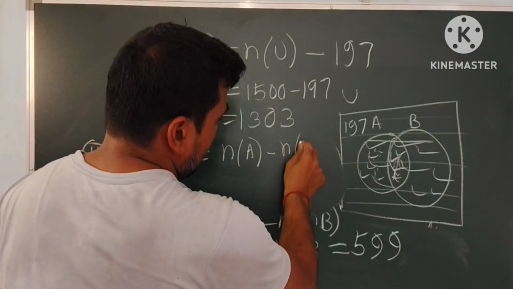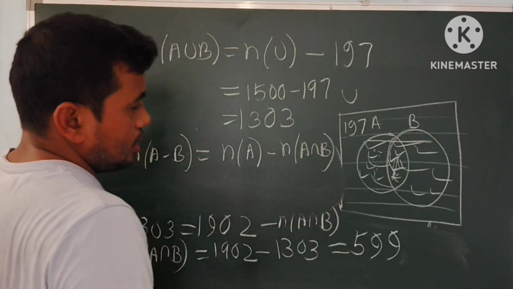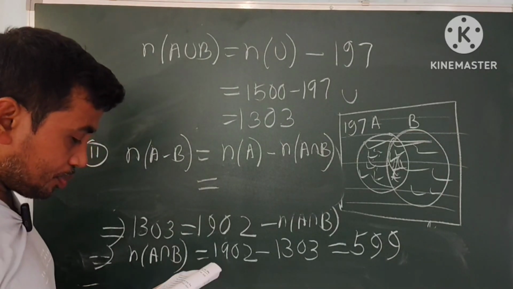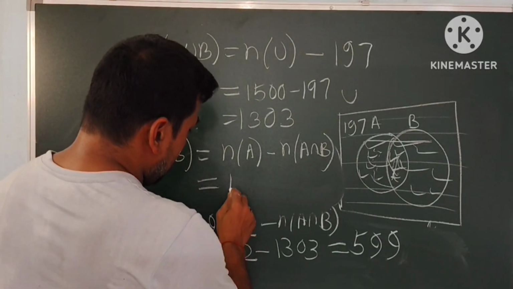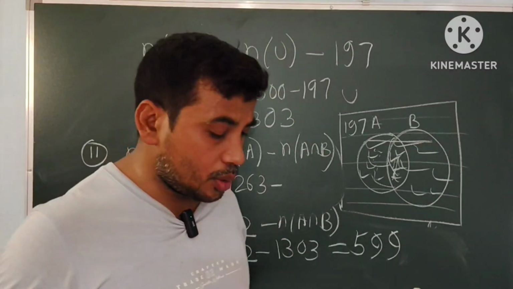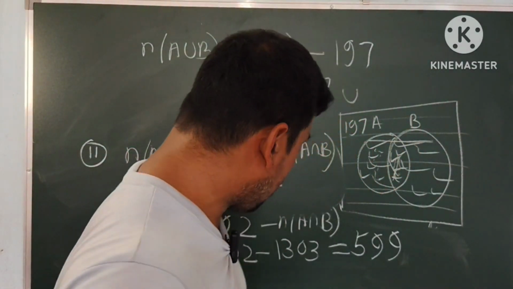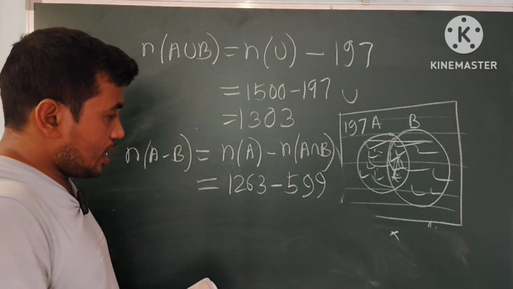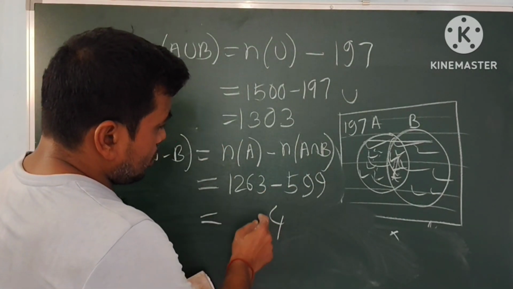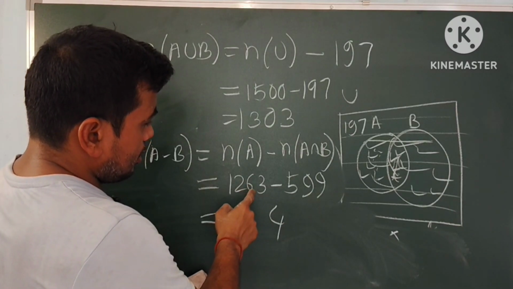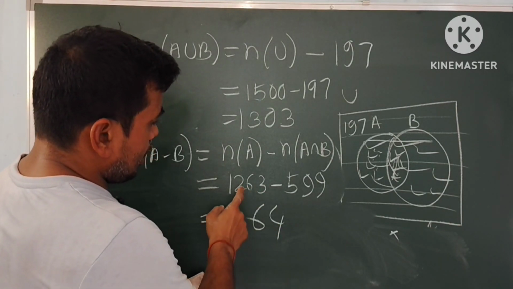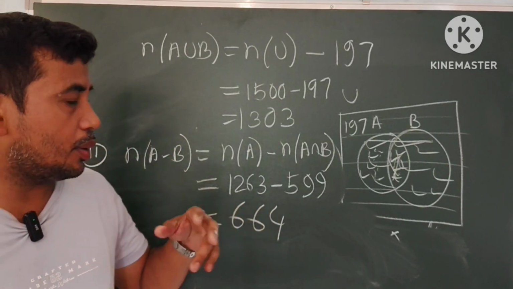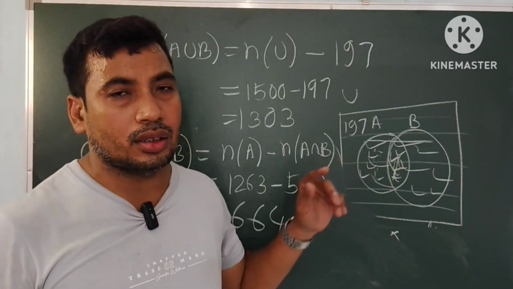This part is n(A intersection B). So n(A) is 1263, and n(A intersection B) is 599. So what is the answer? We get 664. That means 664 families have only TV but not radio.